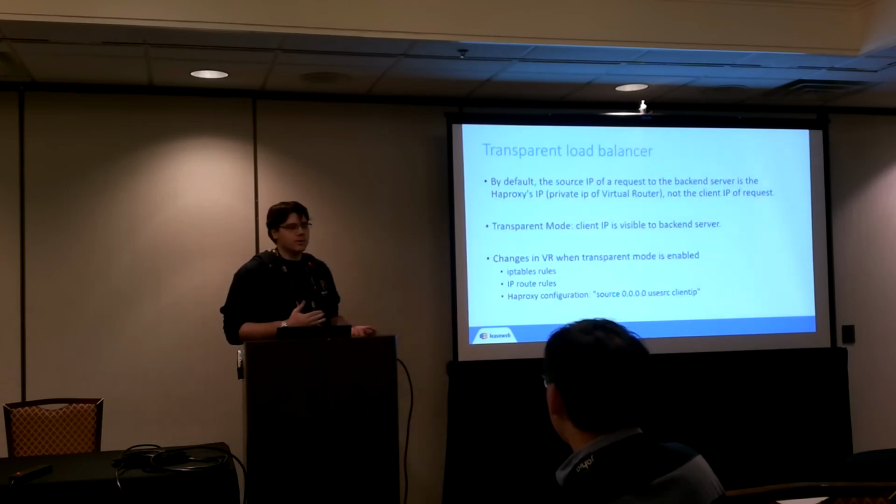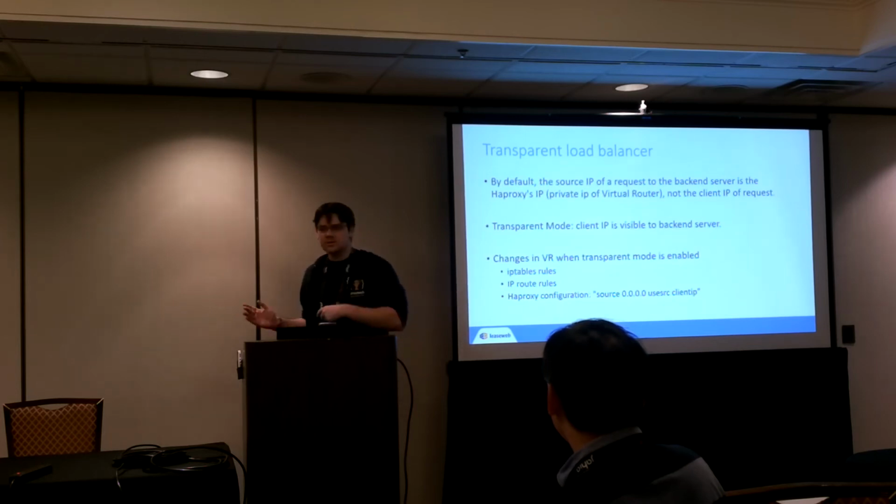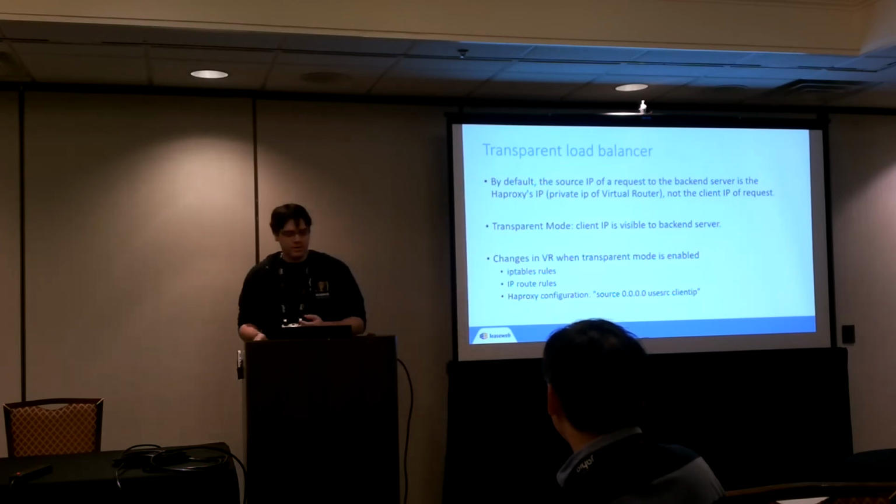Another really common request we got is customers that wanted to see the IP of the customers that hit their load balancer. And by default, you're just going to see the HAProxy VR IP. Whenever a customer from anywhere from Bulgaria to Russia to US, they're just the same IP.